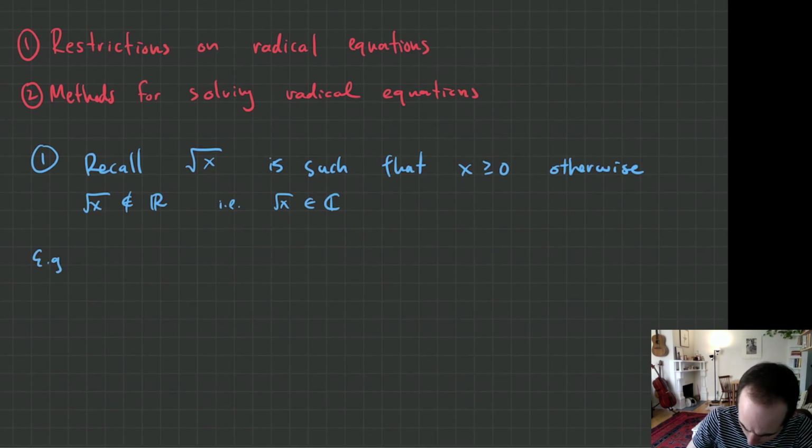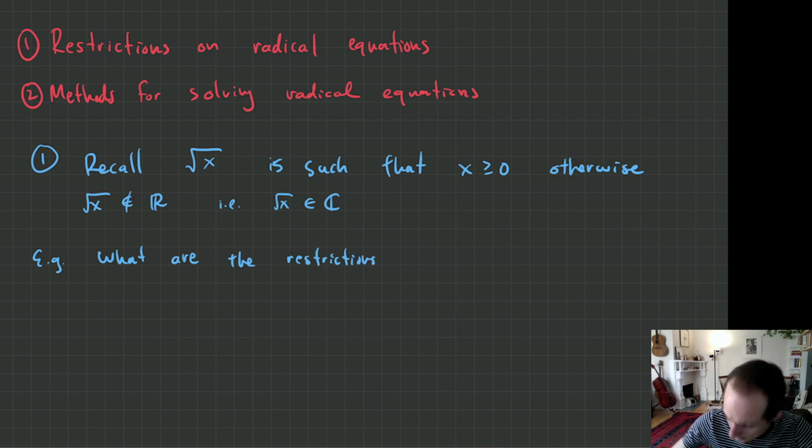For example, let's do an example. What are the restrictions for this equation, the square root of 2x minus 3 equals x minus 3?